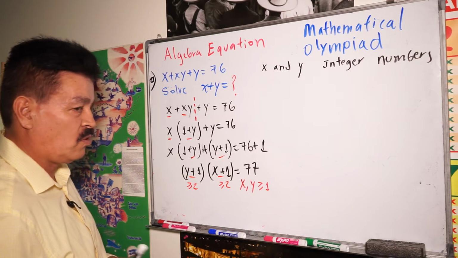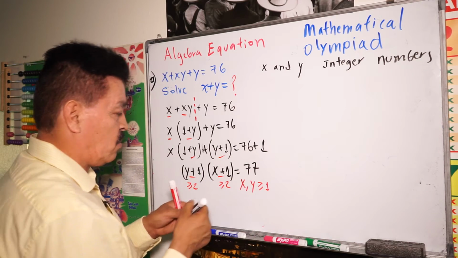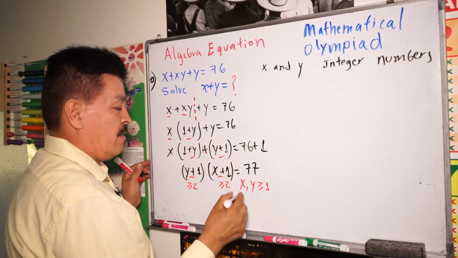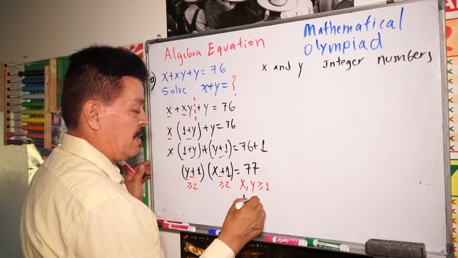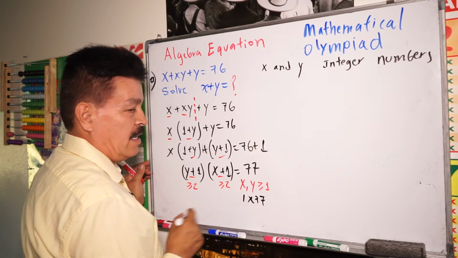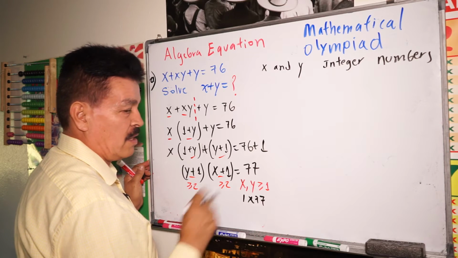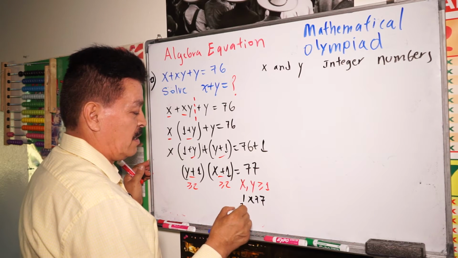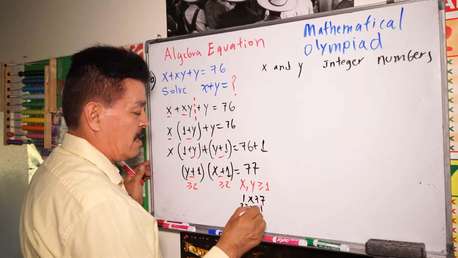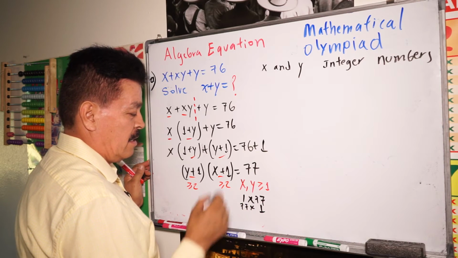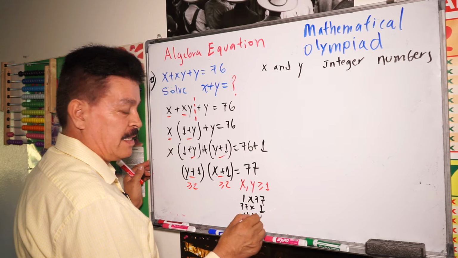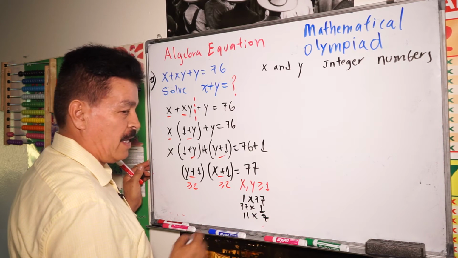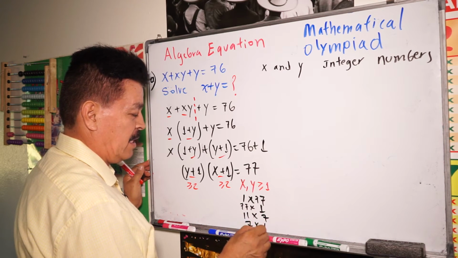Just some clues. Then the factors of 77: you have 1 times 77 is one factor, another factor is 77 times 1, right? What else? 11 times 7, and then 7 times 11.